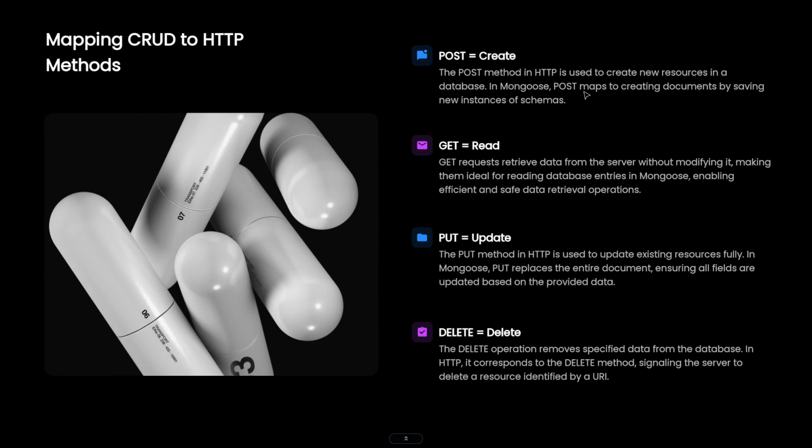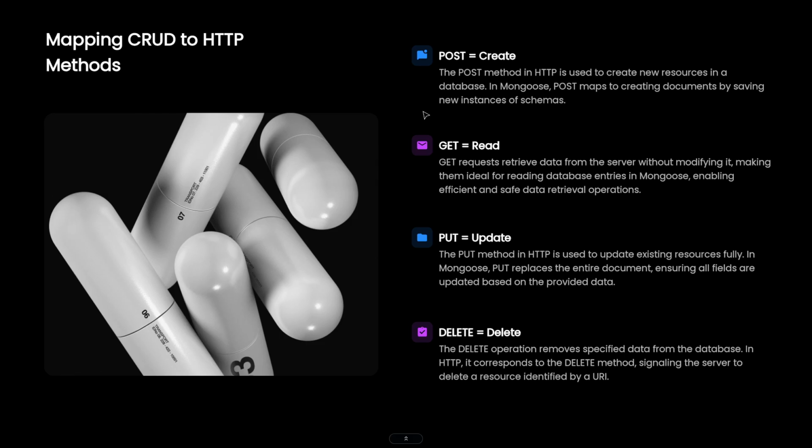Here coming to the next topic, GET equal to read. GET requests retrieve data from the server without modifying it, making them ideal for reading in MongoDB, enabling efficient and safe data retrieval operations.